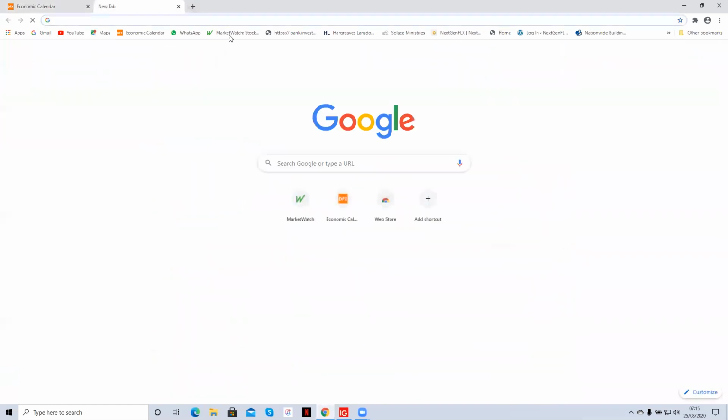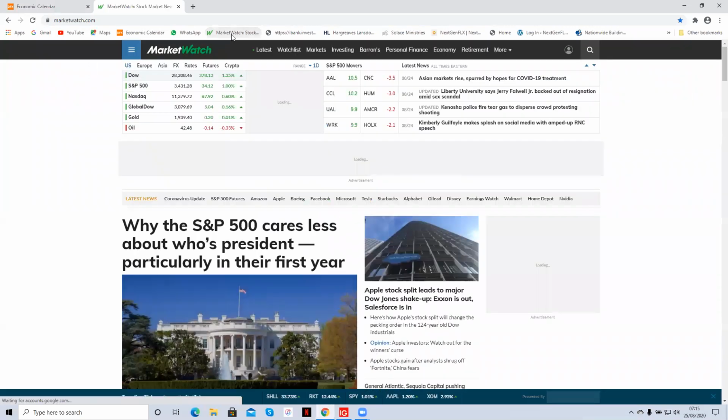And also don't forget, you need to check the financial news websites. You can check anyone, CNBC, Yahoo Finance. Like I said, this is the one I use, marketwatch.com, which is updated every couple of minutes. So it gives you up-to-date financial information on the markets.